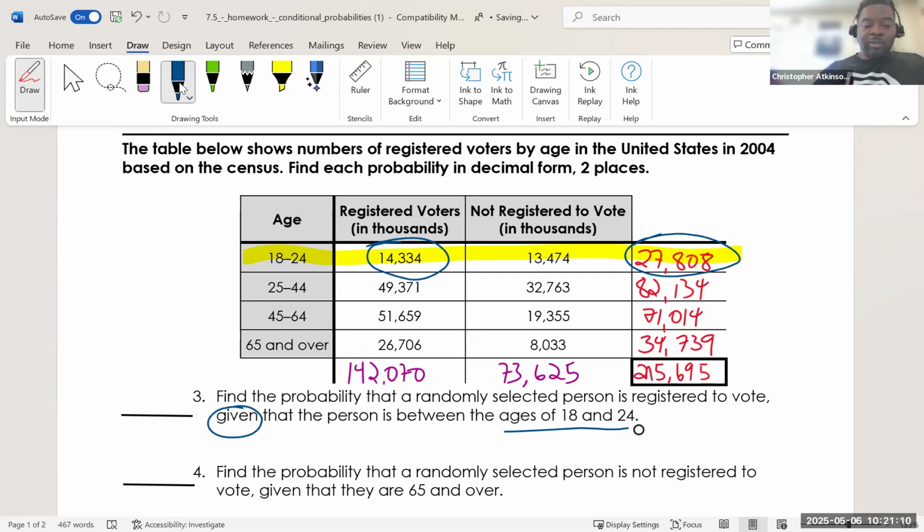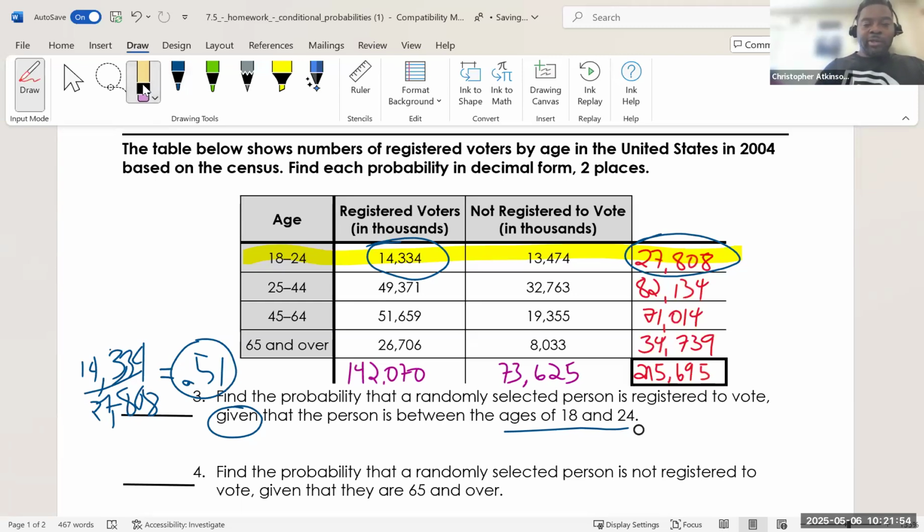Once I set this up as a fraction, it's 14,334 divided by that total of 27,808. I'll put that in my calculator and round to the nearest hundredth. That becomes 0.51. From a percentage standpoint, I move my decimal 2 places to the right, so that becomes 51%. That is the chance you have of someone being registered to vote, given that this person is between the ages of 18 and 24.